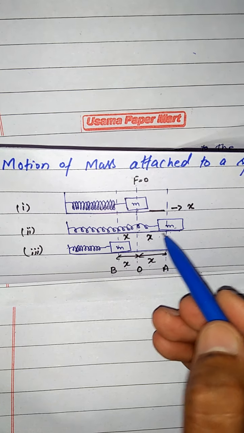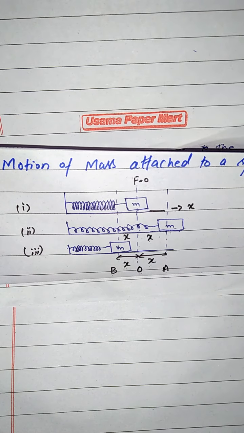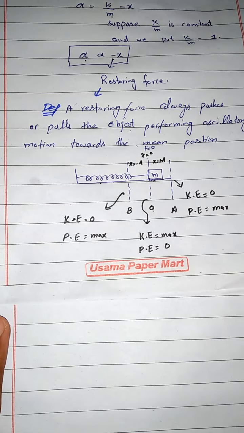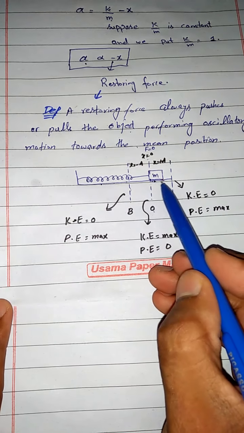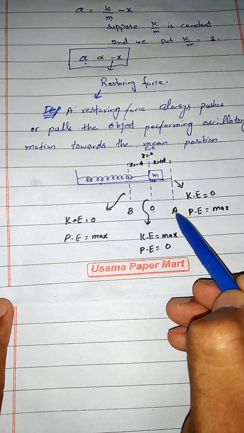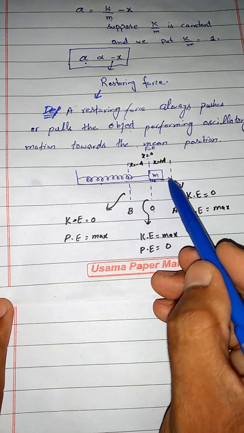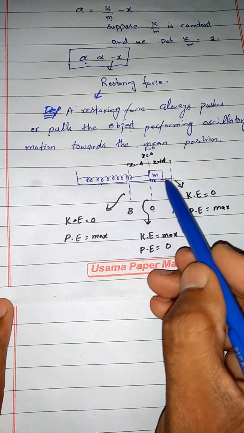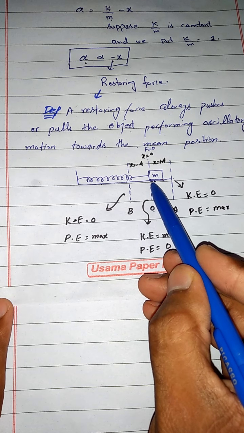Here is another figure, I will explain it. When we apply a force on it and take it to the extreme position A, and then release it, the restoring force of the spring pulls it towards the mean position.